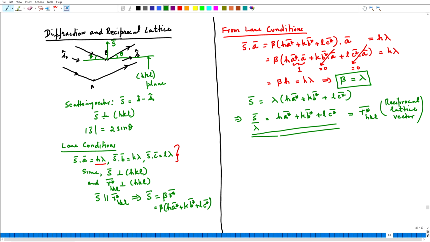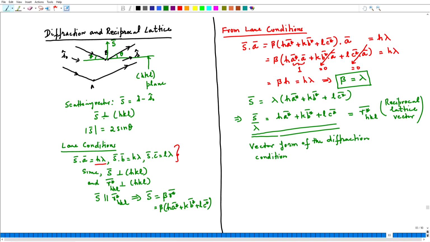So, this is the vector form of the diffraction condition. Whenever Bragg's law is satisfied or the Laue conditions are satisfied, then it is imperative that the S divided by lambda vector must be a reciprocal lattice vector.